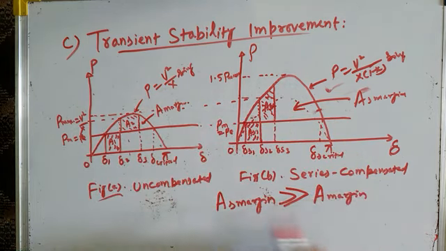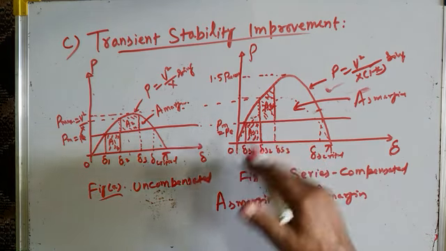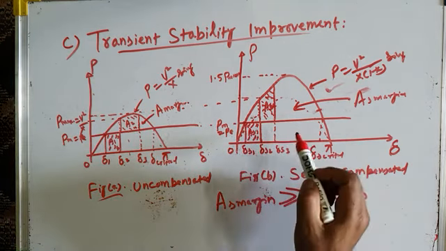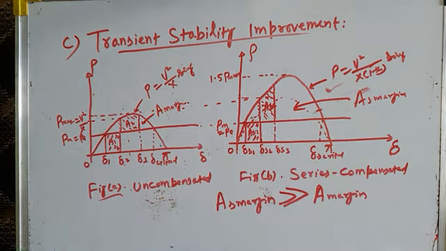It's much greater than the margin of stability provided by the uncompensated system, so the system is more stable. The transient stability of the system is improved by series compensation. So this explains how series compensation improves the transient stability of the system, right?